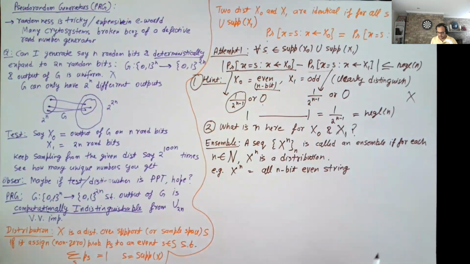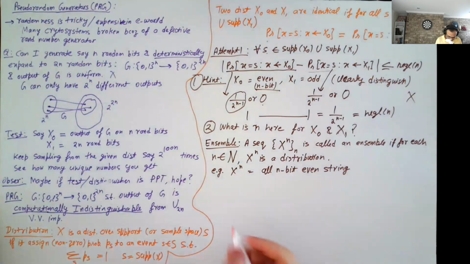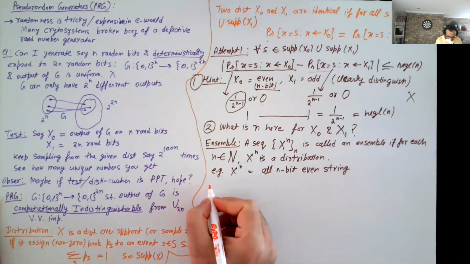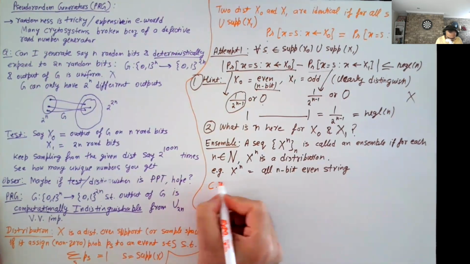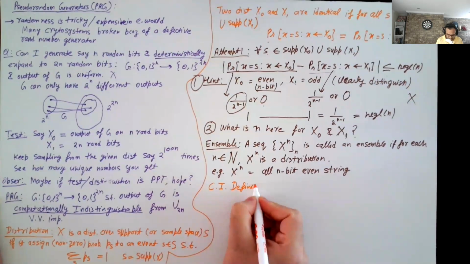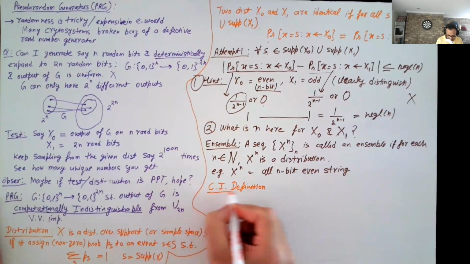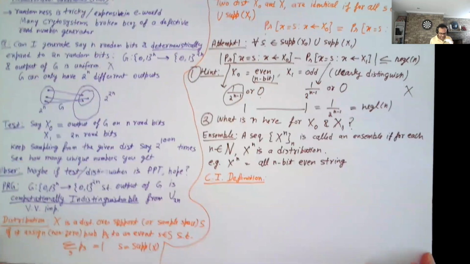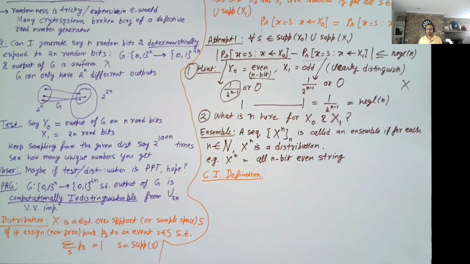And now let me try to give you the actual definition of computational indistinguishability. As I said, this is probably the most important definition for today and maybe the next 1 or 2 weeks as well.